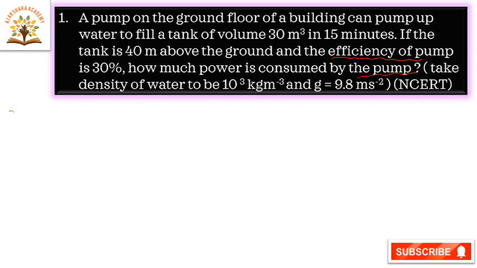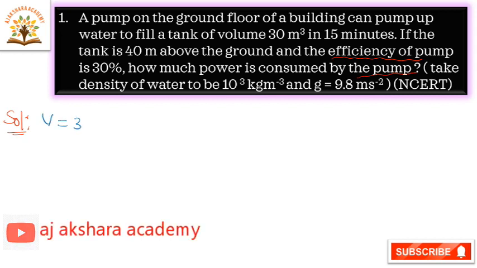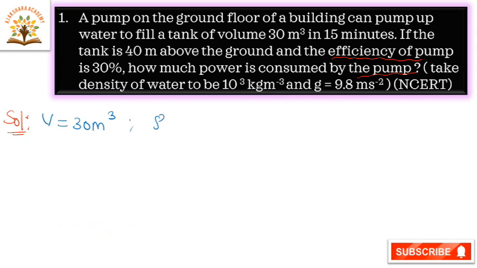Given: V is equal to 30 meter cube, density of water, the symbol is rho, is equal to 10^3 kilogram per meter cube, and t is given as 15 minutes.